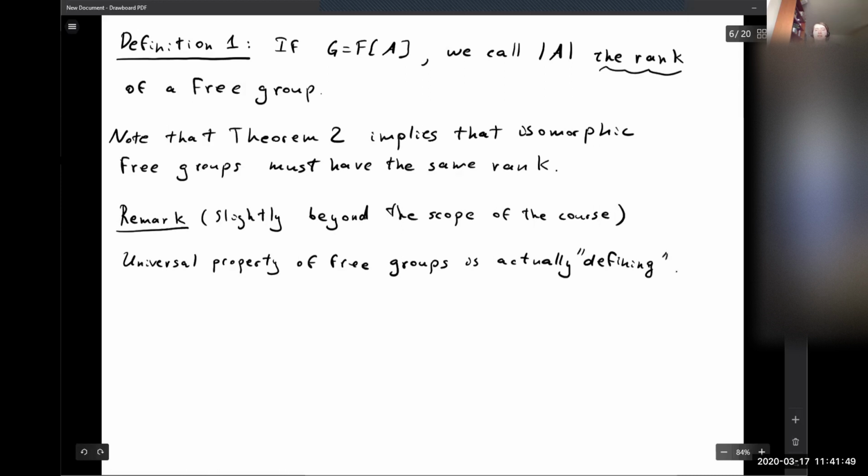And by defining, I mean that it defines a free group uniquely up to isomorphism.